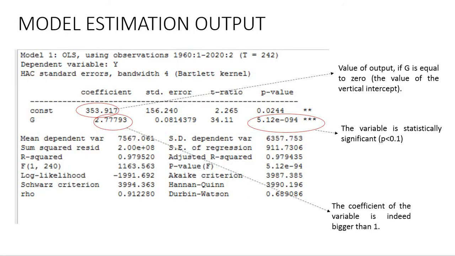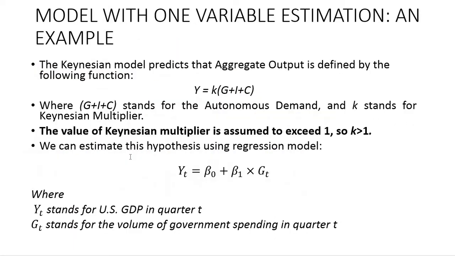And this is the output. So this is a very typical output. In this case, we observe 242 periods. That's why the number of observations is equal to 242. The coefficients stand for beta 0 and beta 1. So const, or constant, stands for the value of beta 0.